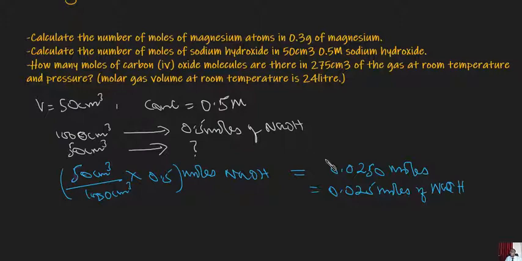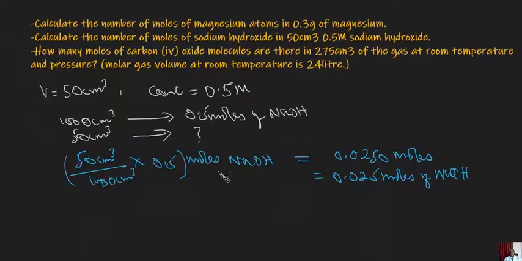Those are the number of particles of sodium hydroxide inside this 50 centimeters cubed of solution. That is how we get the number of moles inside a volume of a solution: you get the volume you want over 1,000 multiplied by the molarity of that solution.